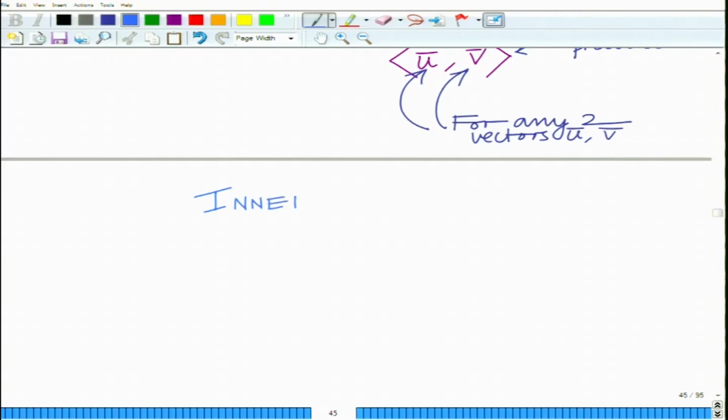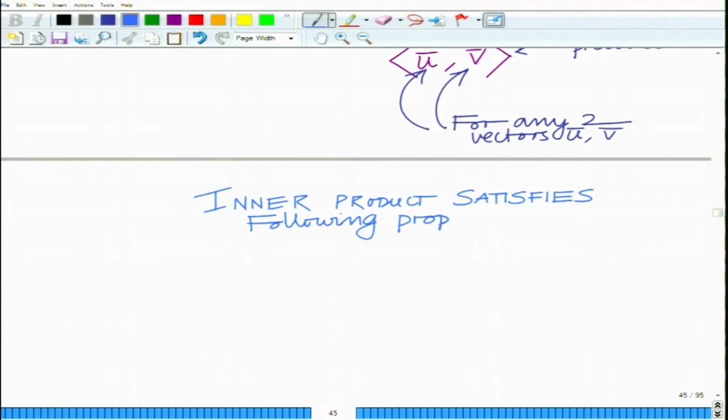The inner product satisfies the following properties.